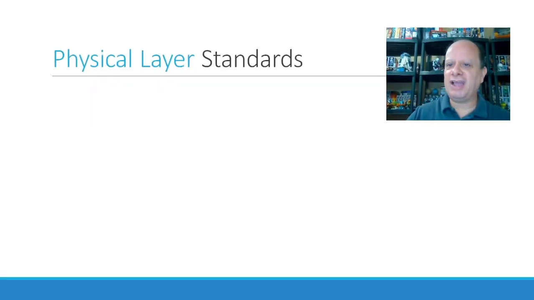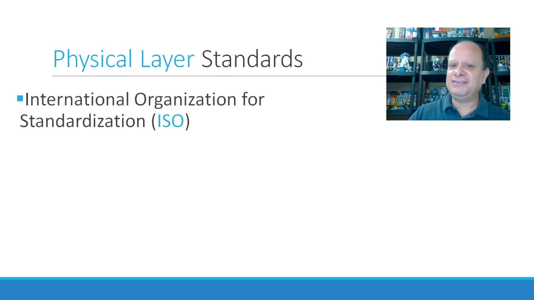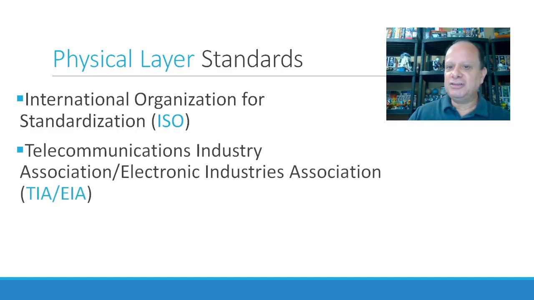Many different international and national organizations, regulatory government organizations, and private companies are involved in establishing and maintaining physical layer standards. To name a few of them, we have the International Organization for Standardization, Telecommunications Industry Association, Electronics Industries Association.